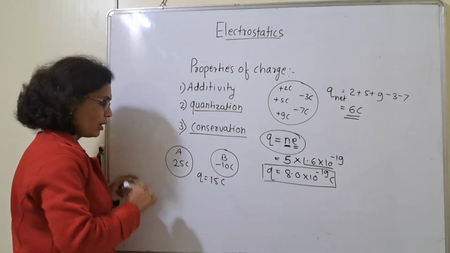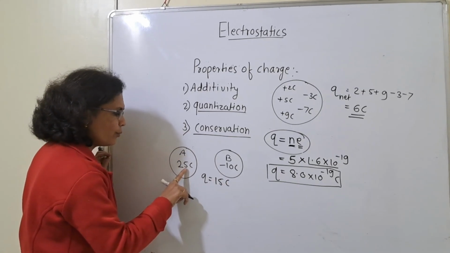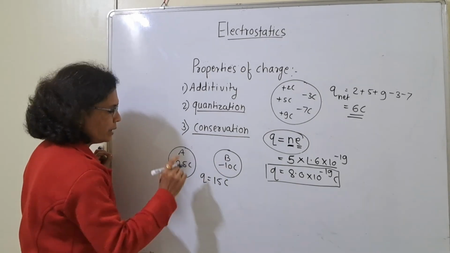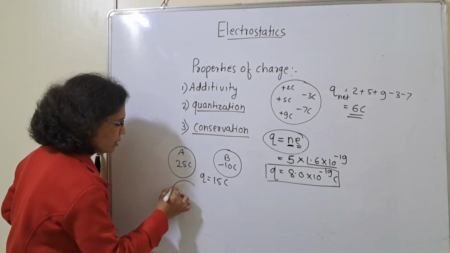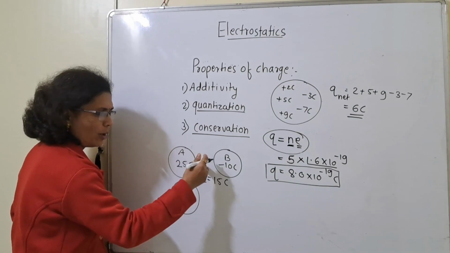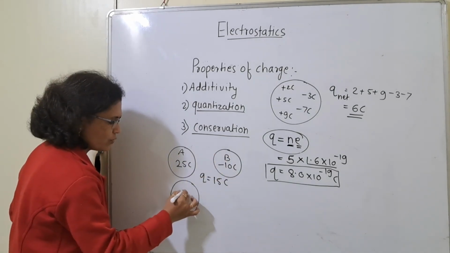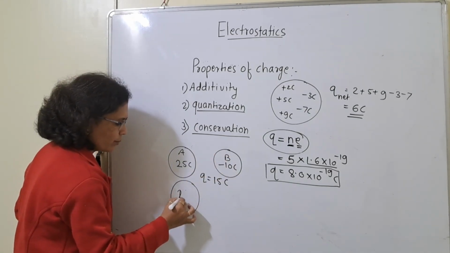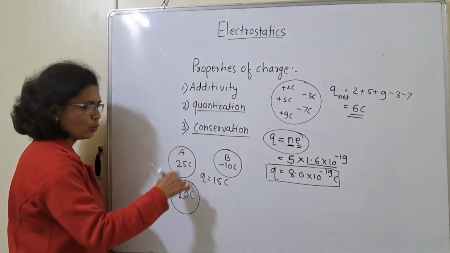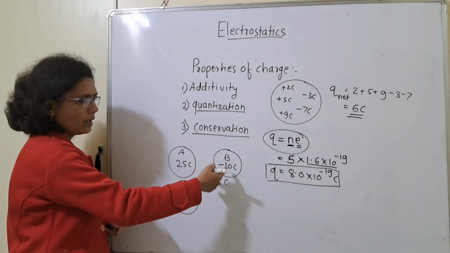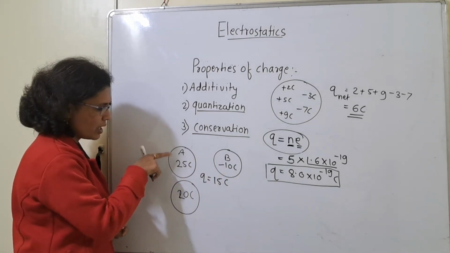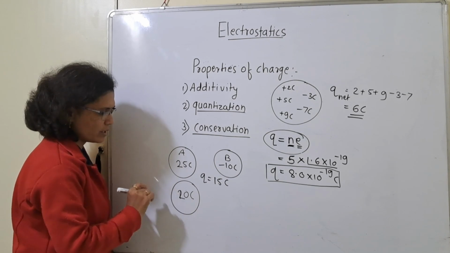Correct? Now, if I transfer 5 coulomb from A to B body, what will happen? If 5 coulomb is transferred, the remaining charge on A body will be 20 coulomb.